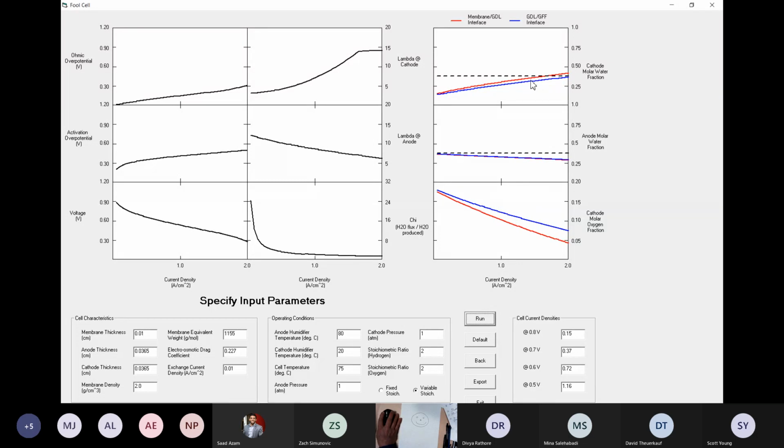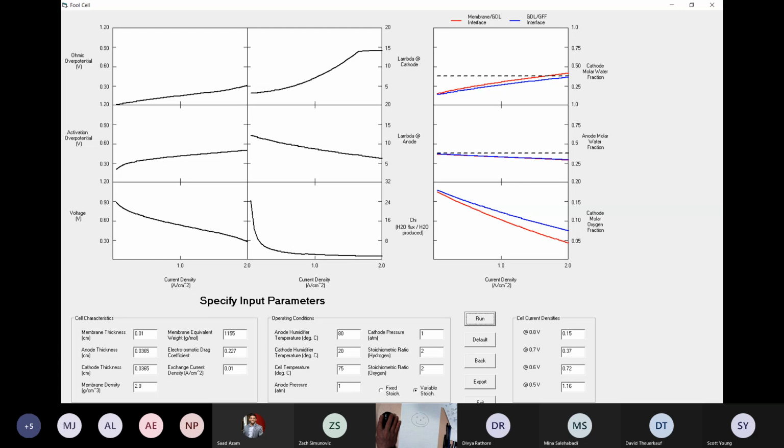this time. So here we have a fuel cell that's set at 75 degrees C. You can see down at the bottom. I'm moving my mouse around there. At 75 C, there's a particular amount of water that you can hold in the gas stream before you get condensation, and that's what's shown by this horizontal dashed line.